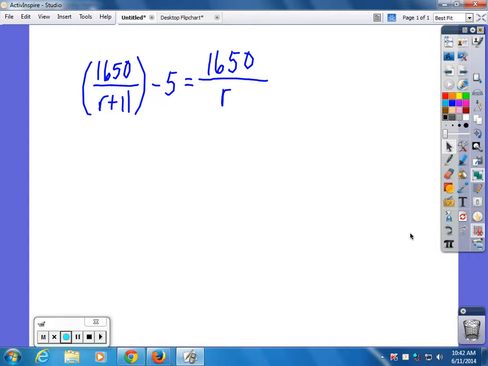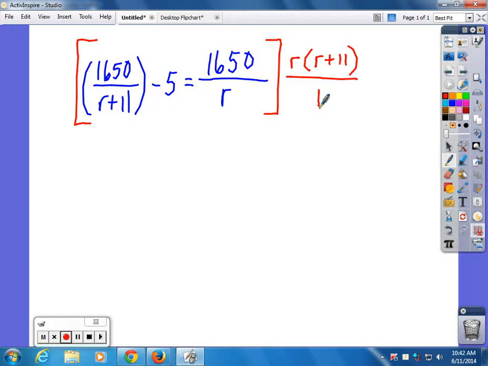All right, now, what is the common denominator of r plus 11 and r? R times r plus 11. And I'm going to multiply through each term by that. So, put a baby step in here.